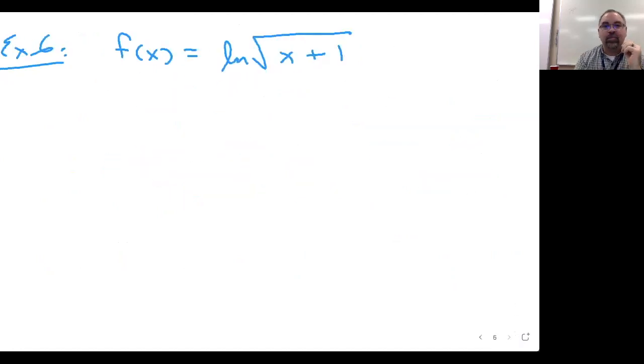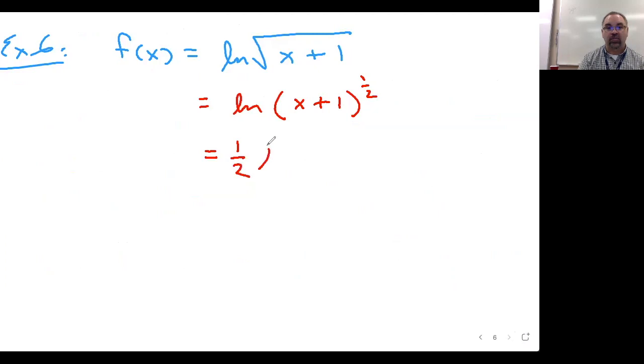You see, notice this is actually the natural log of x plus 1 to the 1/2 power. And with that rule for logarithm powers, I can actually bring that 1/2 out front and make it a coefficient. And I get a much simpler way to go with my derivative now, right?